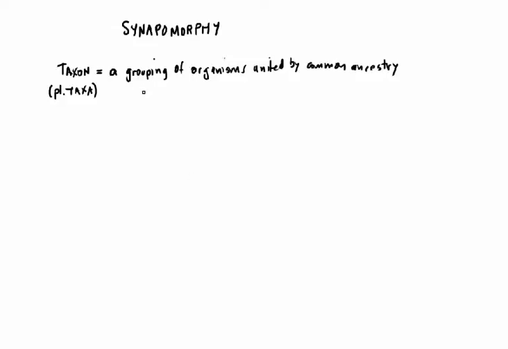And I really should clarify that this is a definition of a good taxon, because as I implied before, it's also possible for us to use taxon in a very incorrect way. And so maybe the best thing for me to do here is to illustrate with a grouping that some of you may be familiar with. Okay, you are going to be familiar with this. We'll be talking about the Felidae, or the cat family.